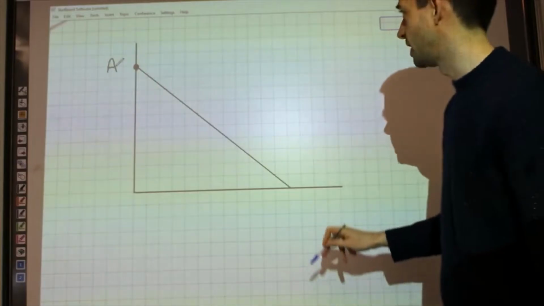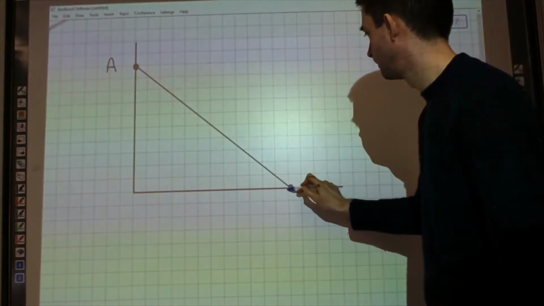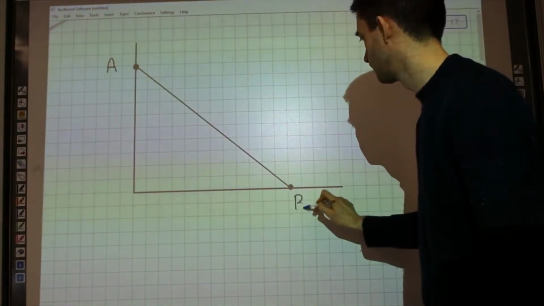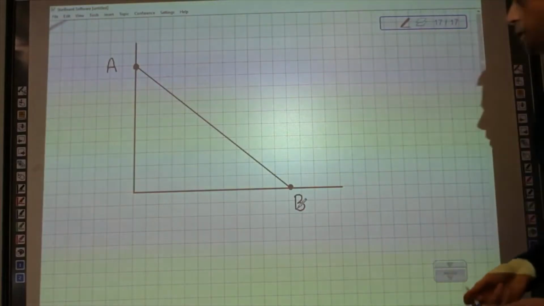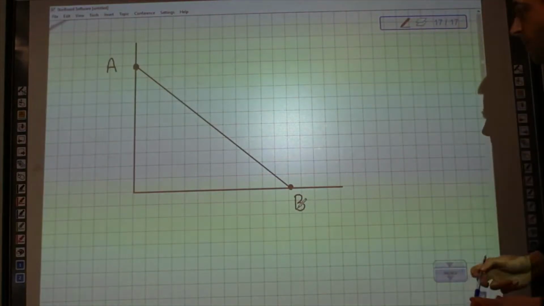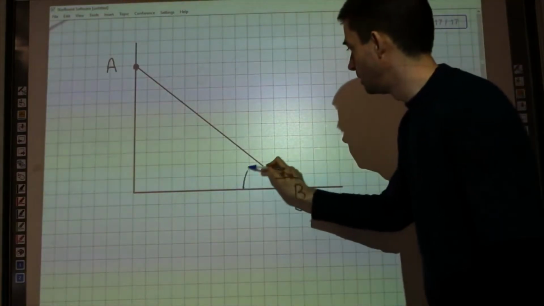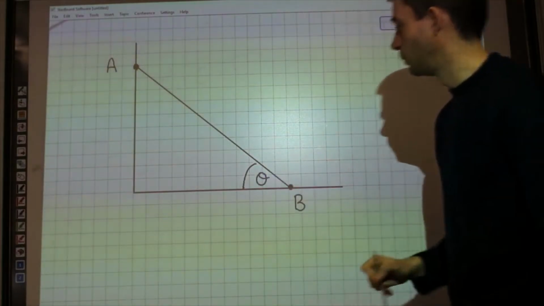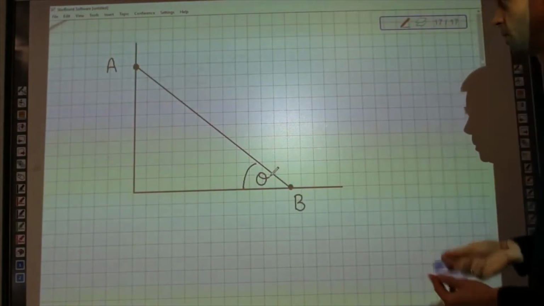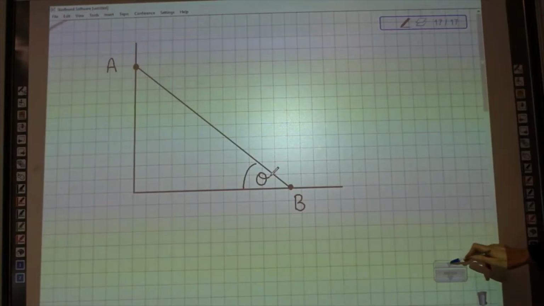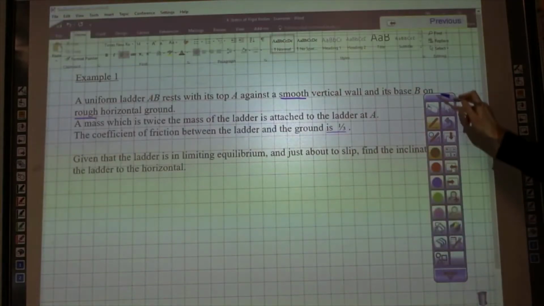The ladder is in contact with the wall at the point A and in contact with the ground at the point B. And we're being asked to find the angle of inclination, which is that angle theta there. So we'll label that on straight away. That is the end point on our journey.